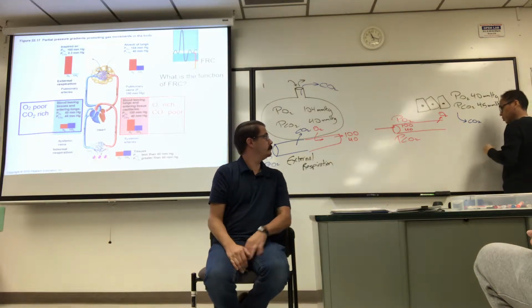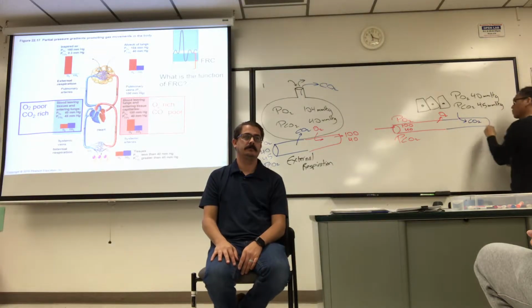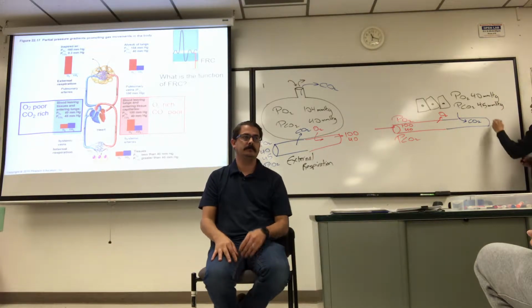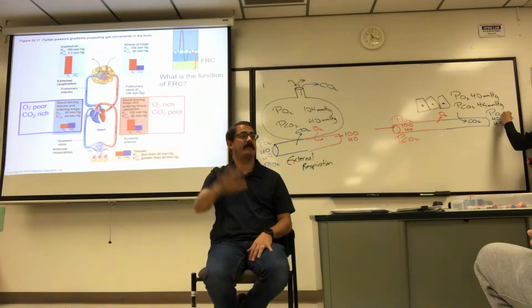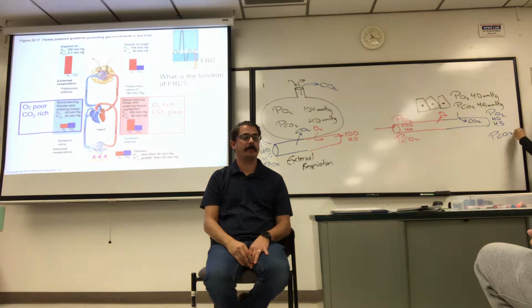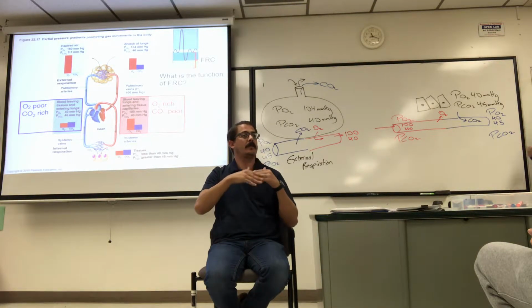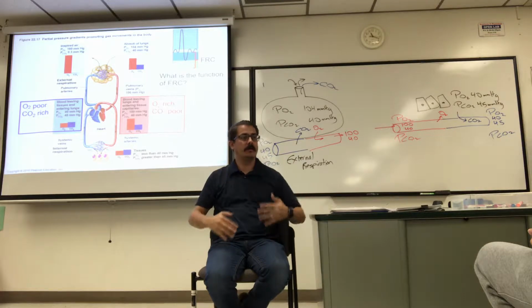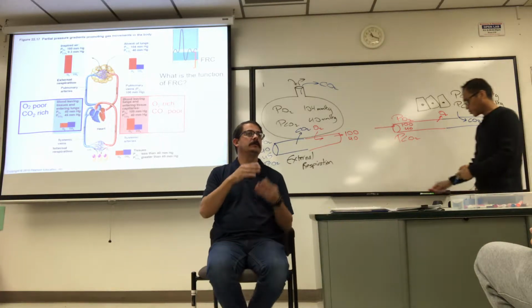You exchange in reverse, and so then blood leaving is PO2 40, PCO2 45. And we're back where we started. This is the blood that's conducted by systemic veins and delivered back to the right heart to pump to the lungs to reoxygenate. So those are the partial pressure numbers.